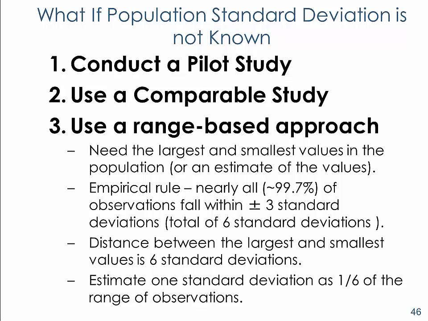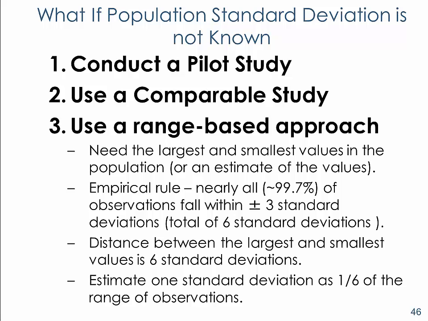To do the range-based approach, you have to have the largest and smallest values in the population, or an estimate of those values. And you have to know that the empirical rule applies, that nearly all, about 99.7% of the observations fall within plus and minus 3 standard deviations, a total of 6 standard deviations.